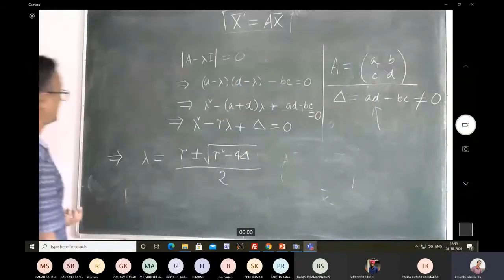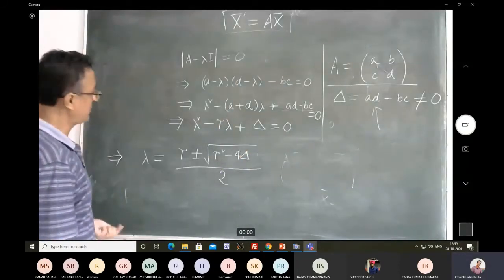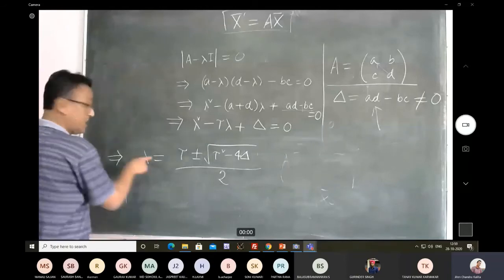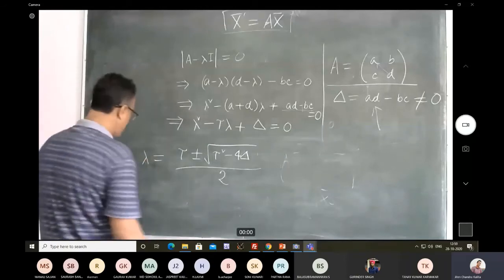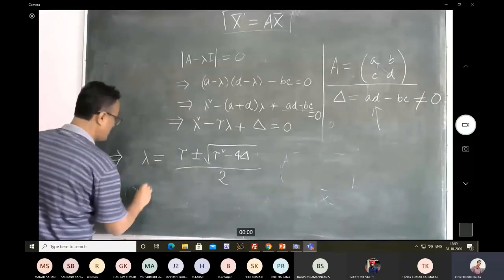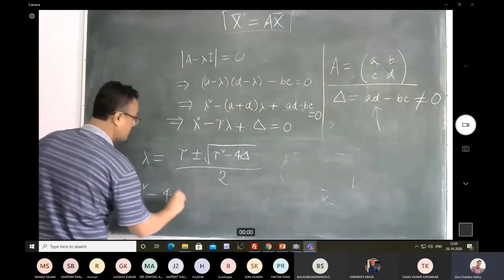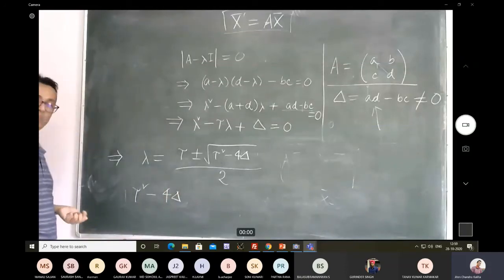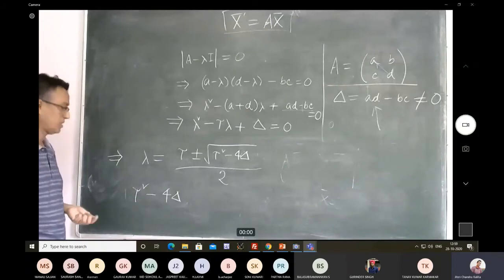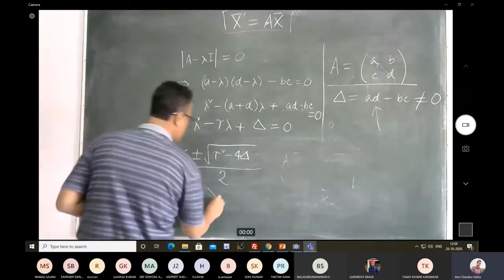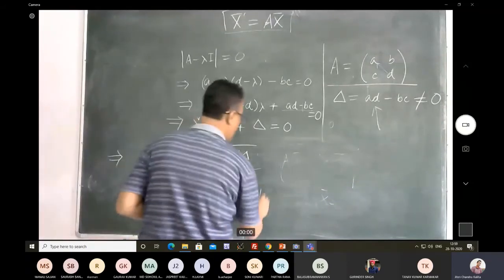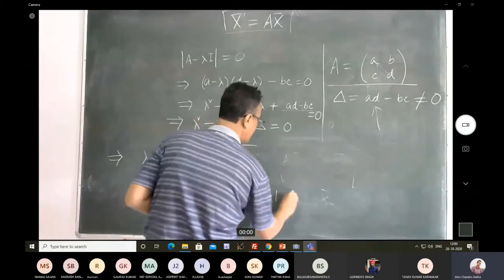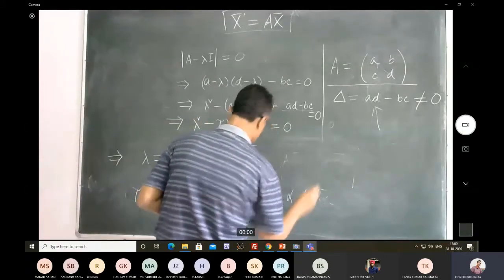So that means the nature of the eigenvalues is going to depend upon this expression. If this is greater than 0, you are going to have real and distinct eigenvalues.